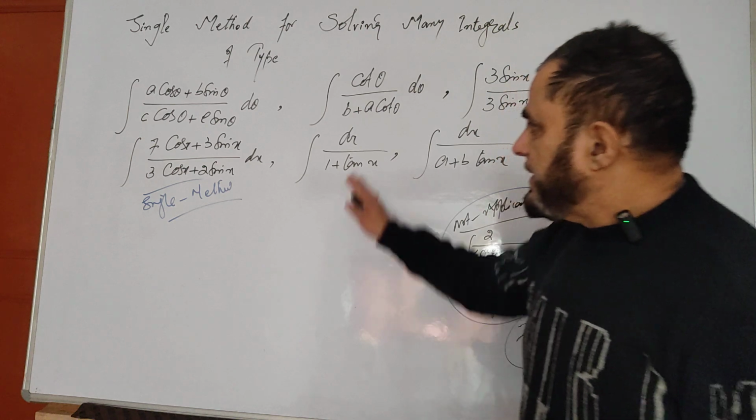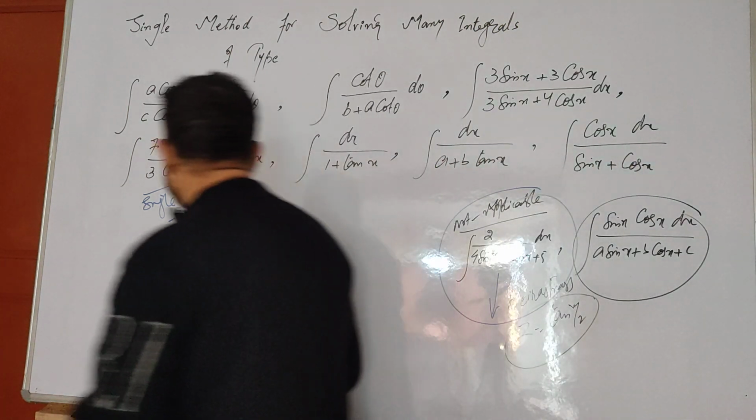You have different methods for solving such integrals, but the one we discuss is very simple, and you can solve these integrals in a short period of time. That is why I have given it the name single method for solving many integrals of this type.